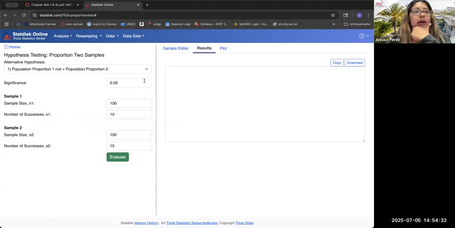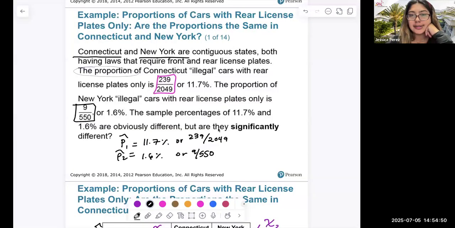We still don't have our alternative hypothesis, so let me go back so we can identify it. Right here, they're saying that the sample percentages are obviously different, but are they significantly different?